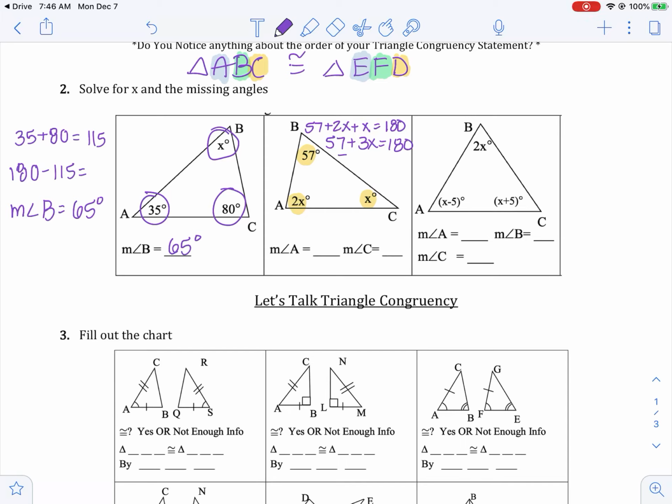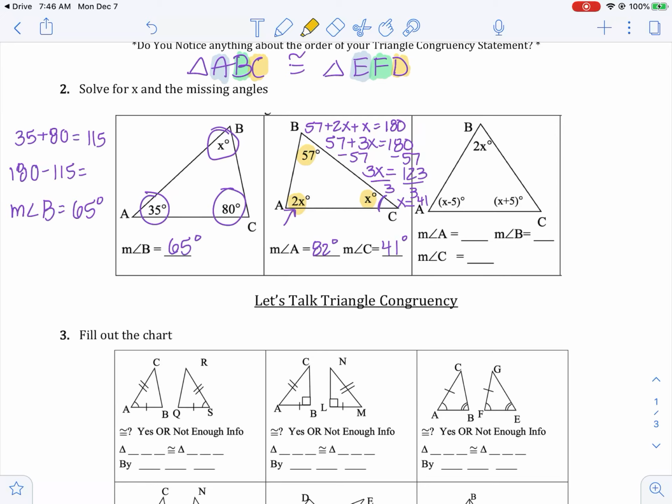I solve for x now. I continue to solve for x, and I get that 123 divided by 3 is 41. So angle C is just x, so I know x to be 41 degrees. And then I know angle A is 2 times x, so this is going to be 82 degrees.